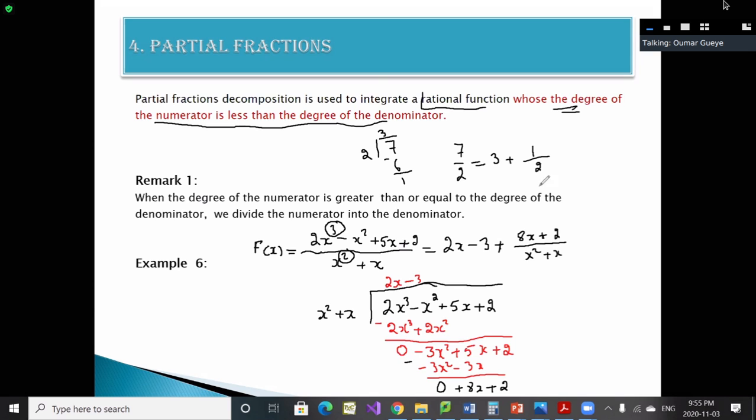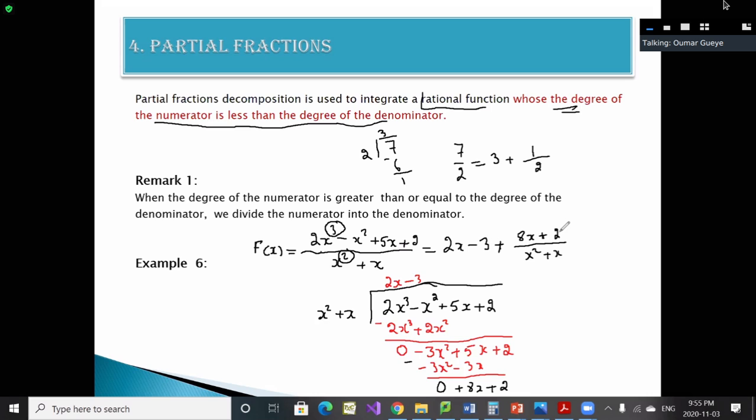Okay, so you have to use this if the second condition is unsatisfied. Otherwise, you don't need it. You have to do it if you realize the degree of the numerator is greater than the degree of the denominator, so you divide in order to make it satisfied.